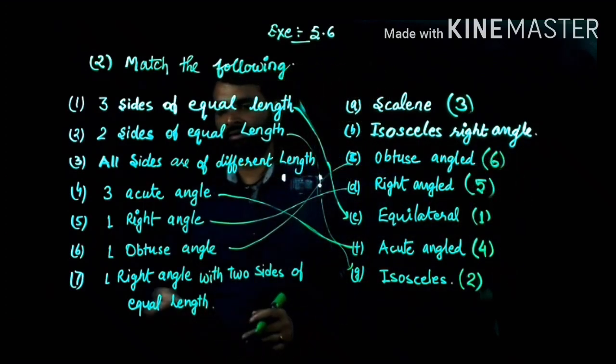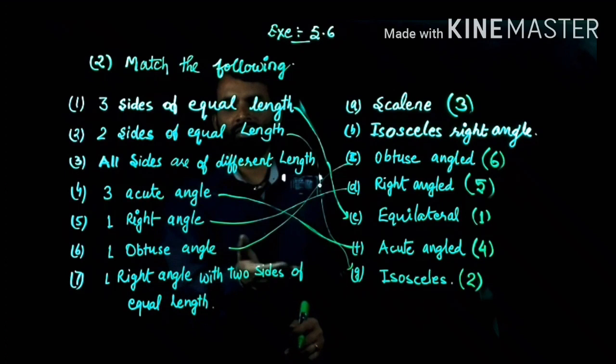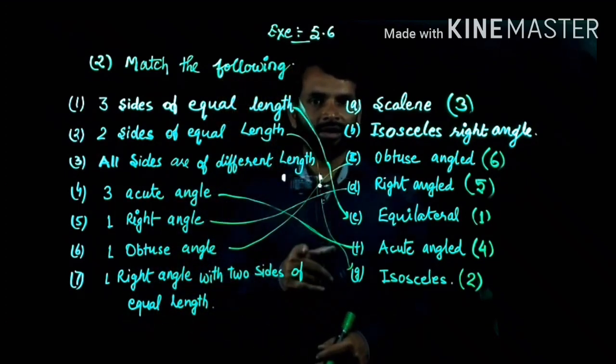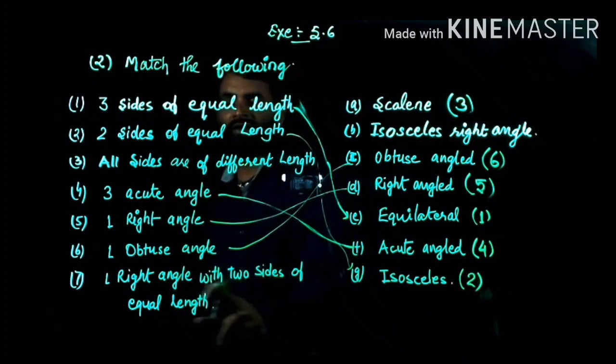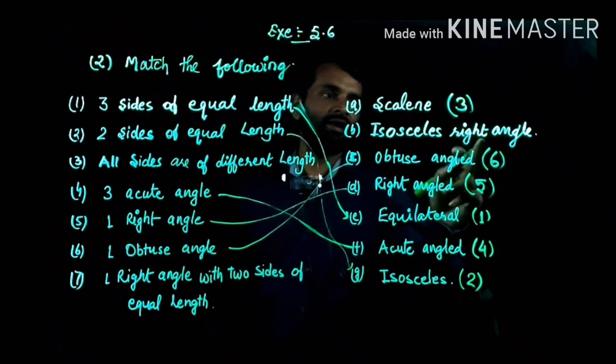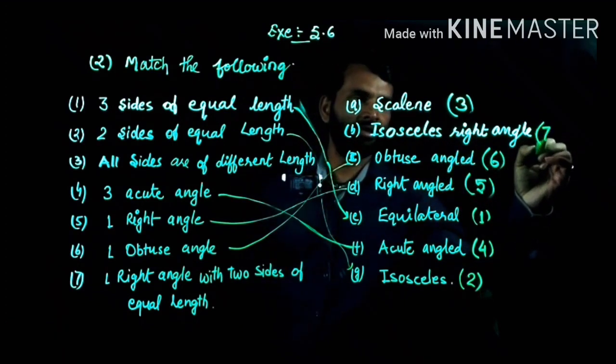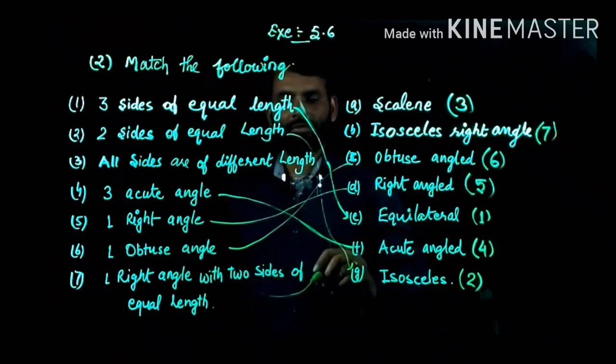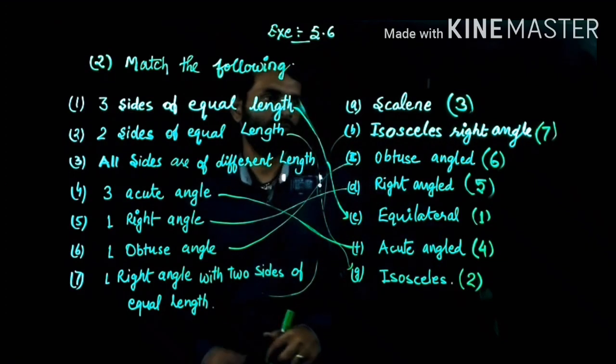Okay. And the last is one right angle with two equal sides. One right angle means right angle triangle, and two equal sides means isosceles triangle. The name is isosceles right angle triangle. This is 7, so join 7 to B.